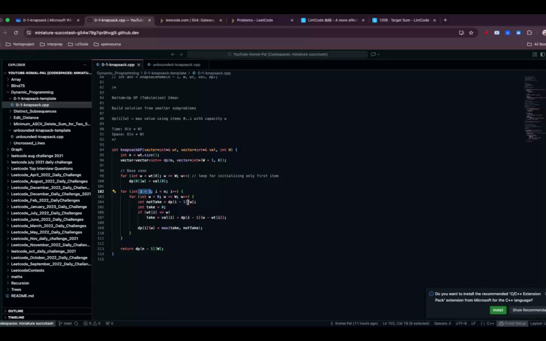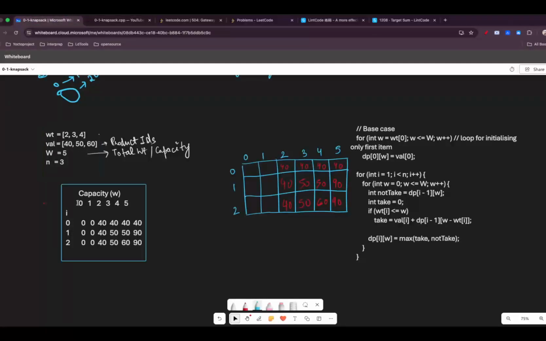So when we do this I minus 1, we can take the previous one also. So from 1 till n excluding, and then weight from 0, because we are starting from 0 and going till the maximum capacity.